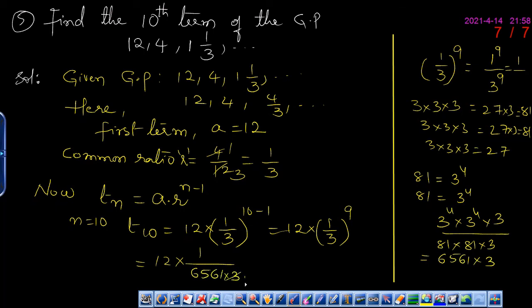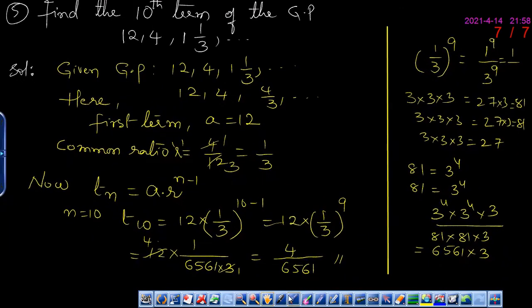And we will cancel 3 times 1, 3 times 4. So our answer will be 4 into 1 is 4, divided by 6,561. Therefore, the 10th term is 4 upon 6,561.